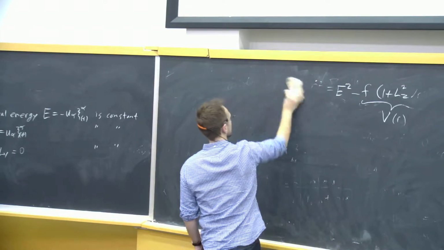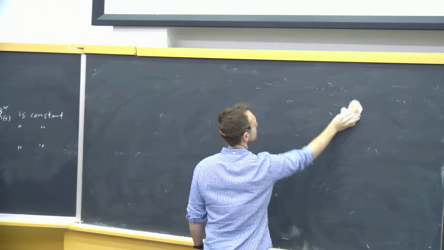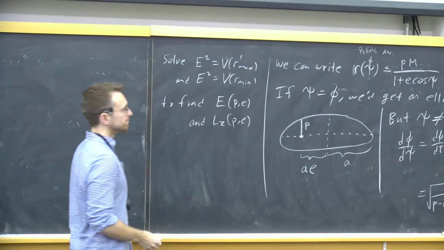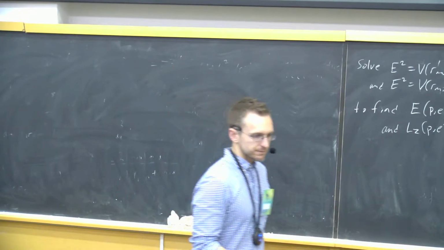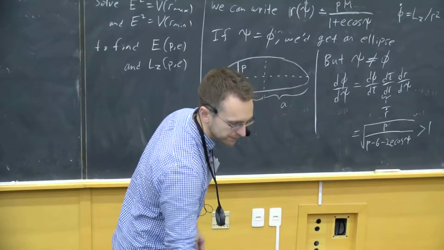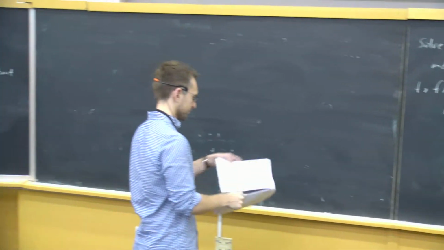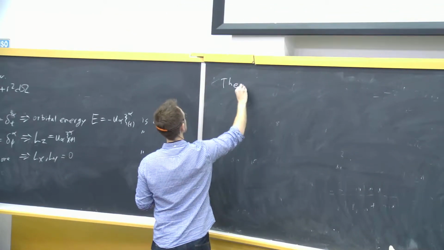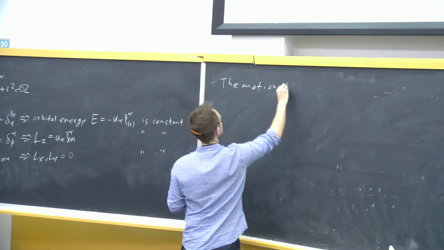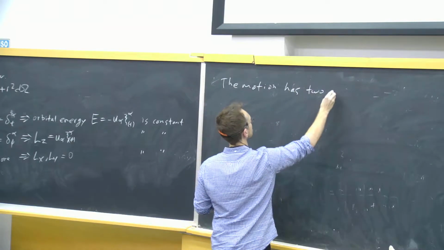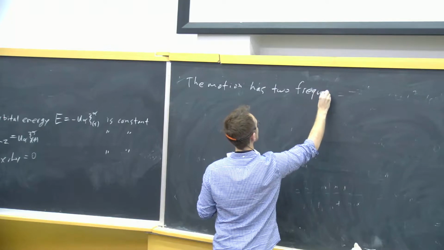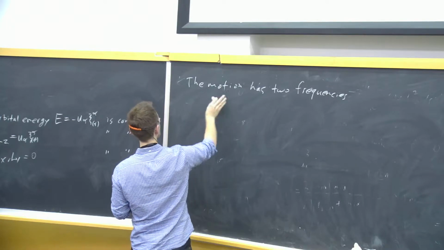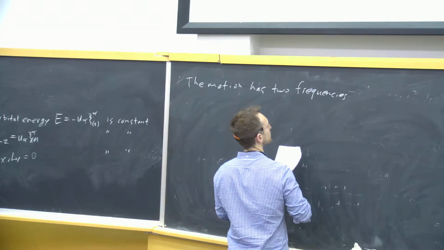So on the subject of closed versus open orbits, let me say one thing about that. For this class of orbits in Schwarzschild, the motion has two frequencies, or two periods.